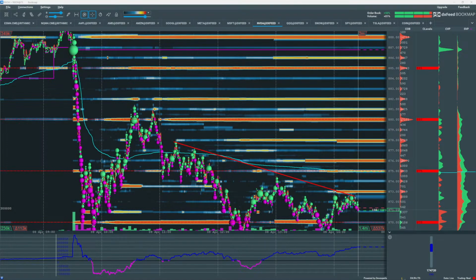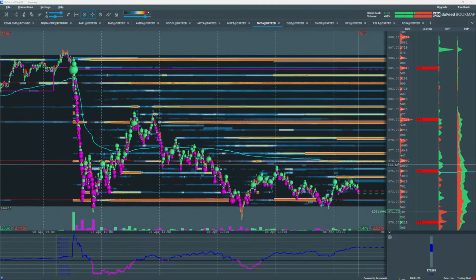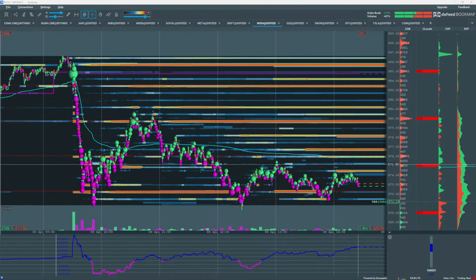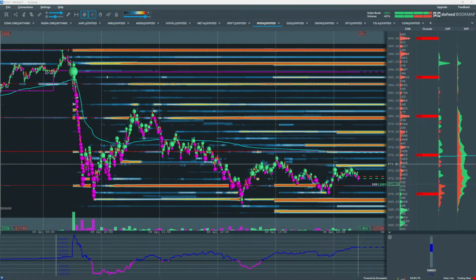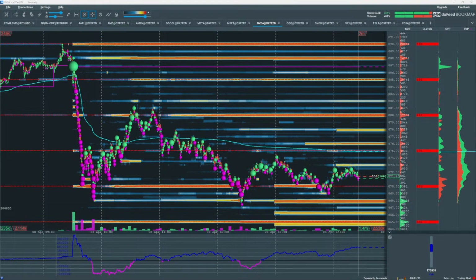NVIDIA continues to make a series of lower highs. But so far today, finding support around the 870 level.